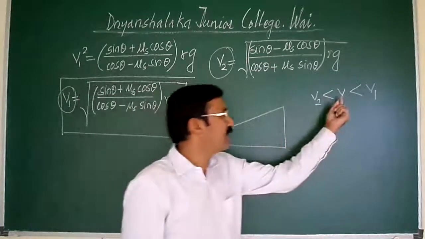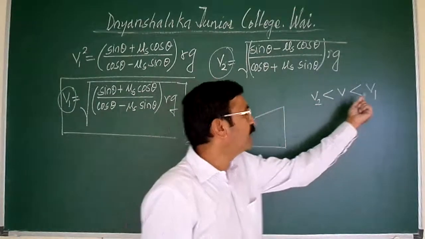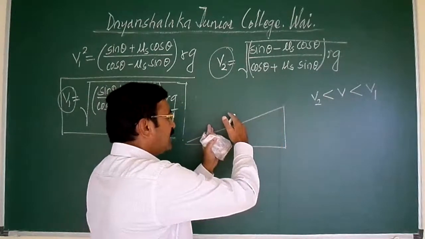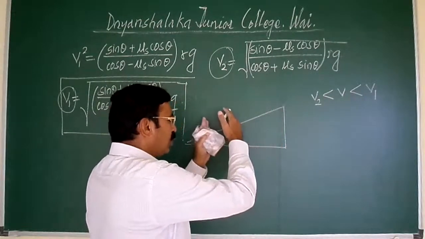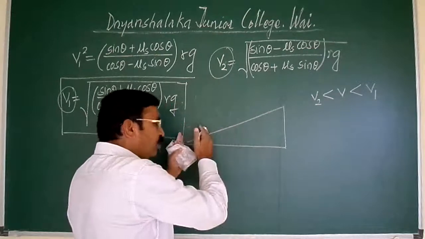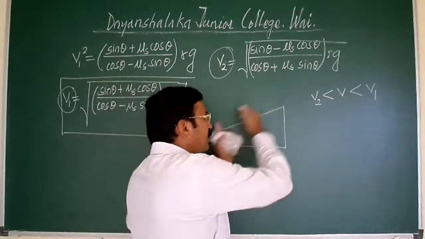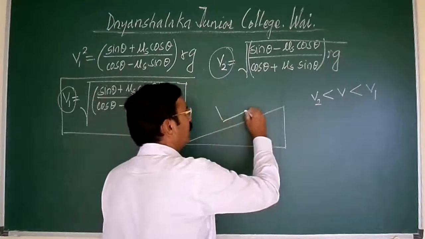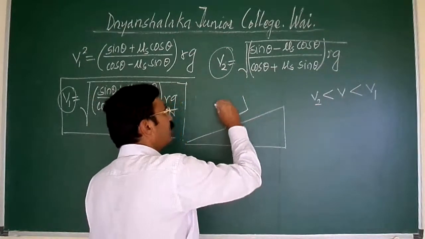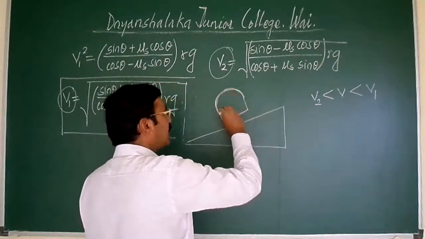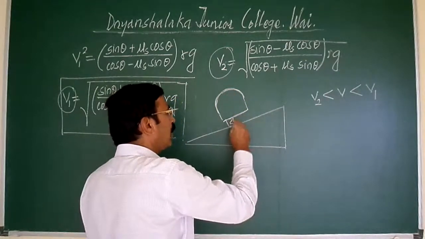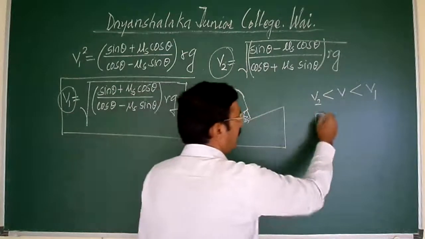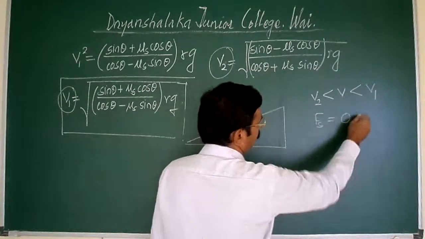The vehicle will neither skid in the downward direction, nor will it move in the upward direction. It will move on the road without slipping either in the upper direction or in the lower direction. Then the frictional force Fs will be 0.